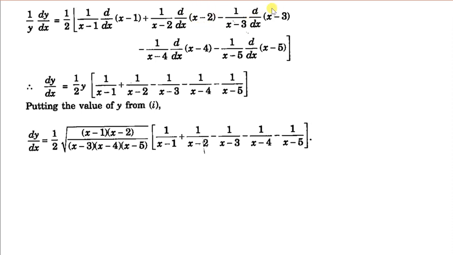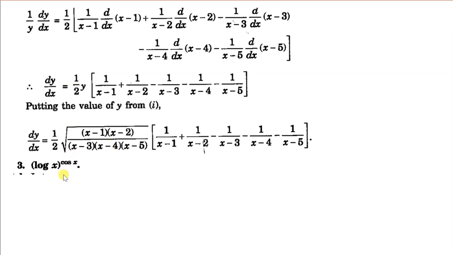Here also it is 1. Here also 1. In all the terms it is 1. So we get dy by dx equal to y by 2. Y transposed, multiplied by 1 upon x minus 1 plus 1 upon x minus 2 and so on. Then substitute the value of y and we get the result.